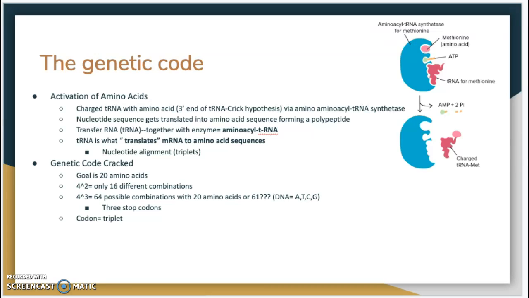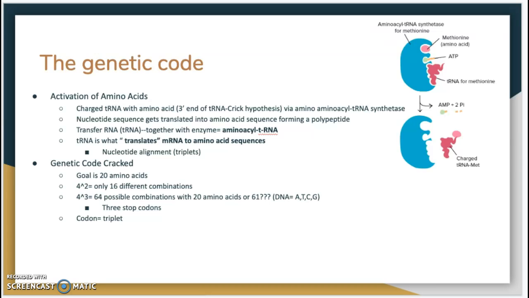Now, these triplets are made up of 3 nitrogenous bases, and these correspond to their specific amino acid. Now we have 20 amino acids, so they were figuring out, okay, how can we take these 4 types of nitrogenous bases and generate 20 amino acids from those possible combinations.